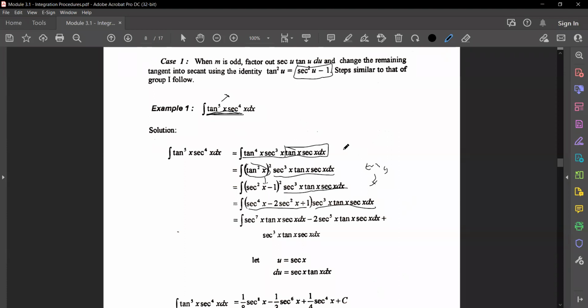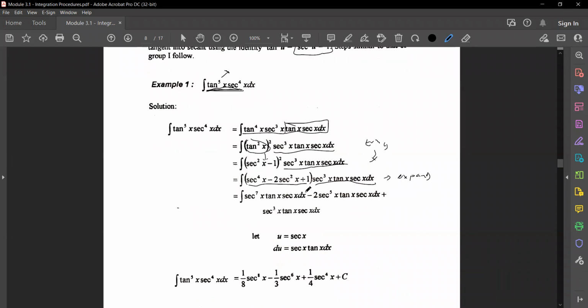So first we factor out, then use trigonometric identities, then expand the first term. Then proceed with the operation. So that is secant 7, which is secant 4x multiplied by secant cube.